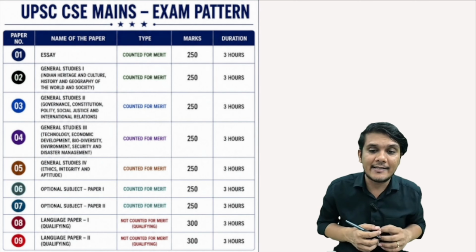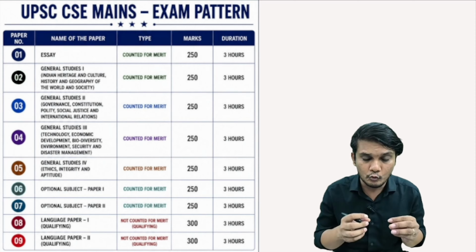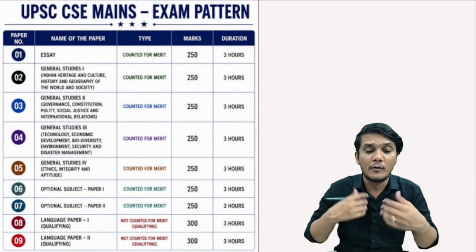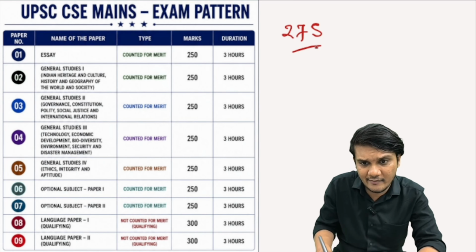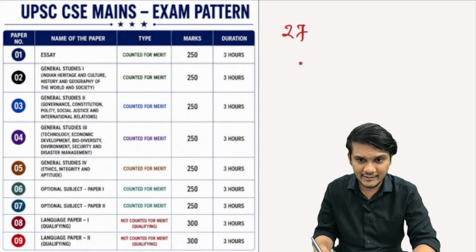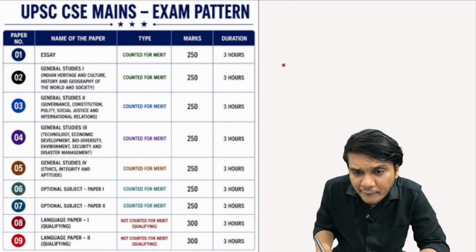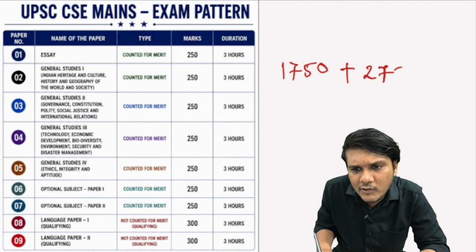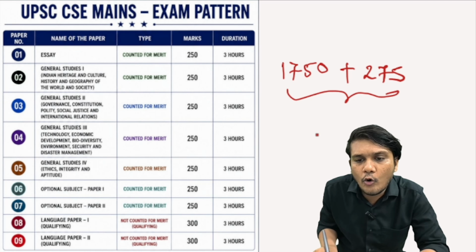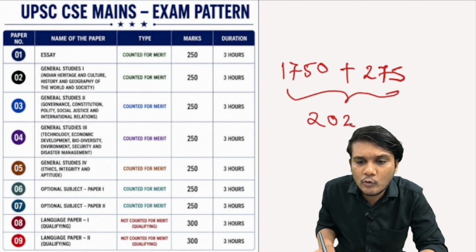The personality test is not an interview, so it's not a test of your knowledge, it is a test of your personality, and it is of 275 marks. I hope that's clear. Now, you would have scored some marks out of 1750 plus some marks out of this personality test. The total here comes out to be 2025.